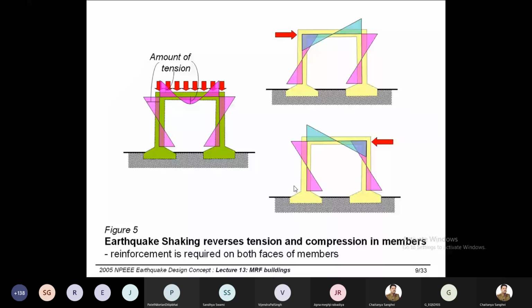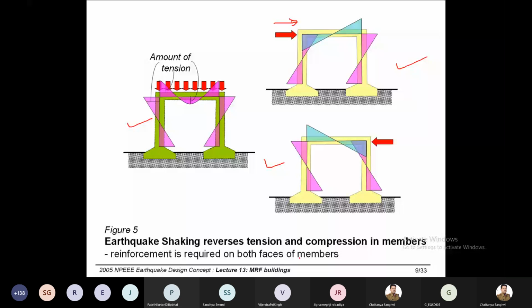If you draw this, you will find that when the movement is in this direction, this is the bending moment, and here you have this bending moment, right?